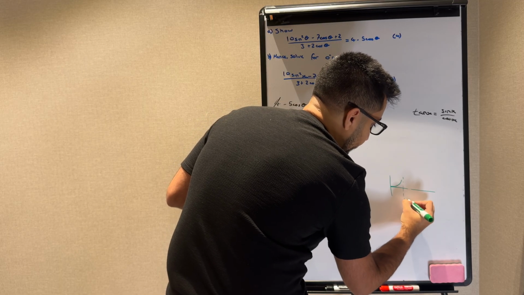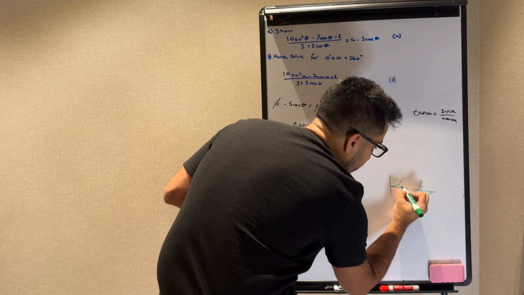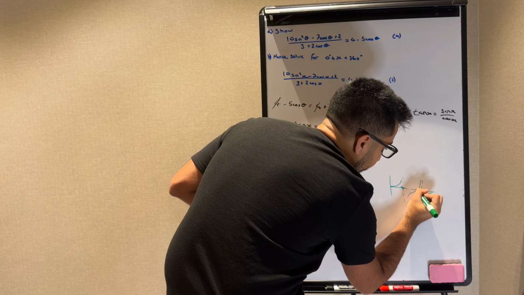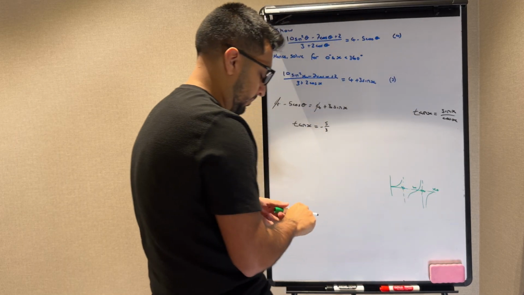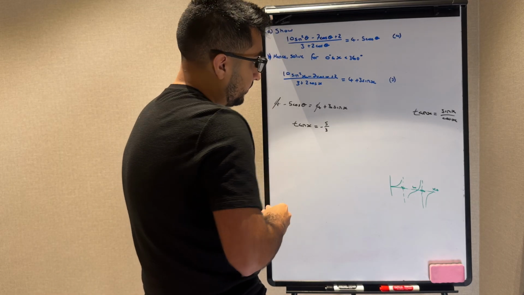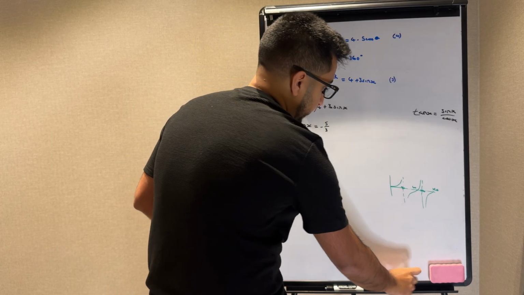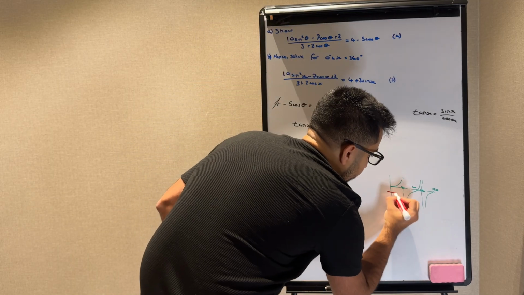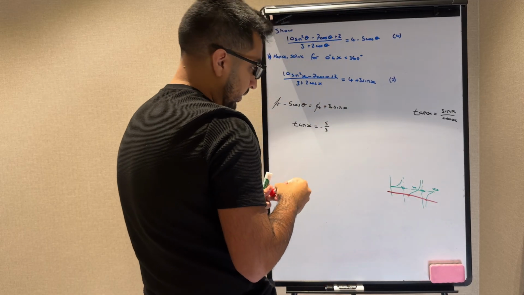There's the first bit, there's the second bit, there's the third bit, that's 90, that's 270, 180, 360. Now obviously if you're using pen and paper, it's a lot easier. That's y is tan x. Then you want y is minus 5/3, which is going to be here. So these are the 2 points you're looking for.